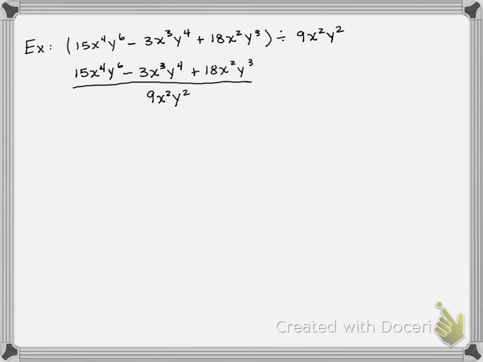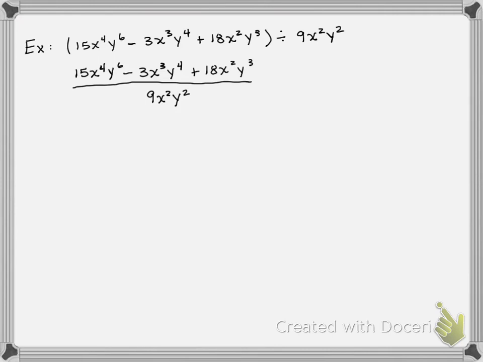Those are identical problems. And so when I look at the denominator, I notice there is no addition or subtraction. So that's a monomial, which means that I can just divide each term in the numerator by that monomial.